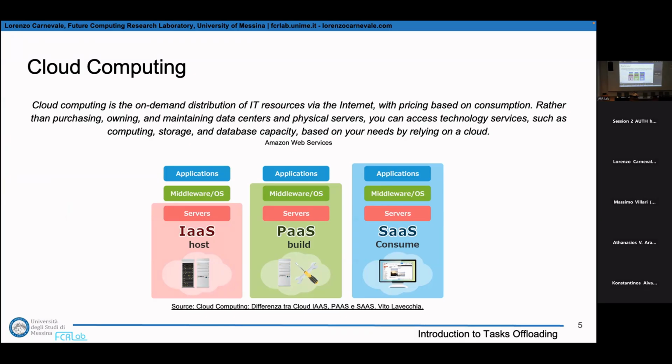We have the three models of distribution: infrastructure as a service, platform as a service, and software as a service, and the colored blocks here in the slide show what is virtualized.